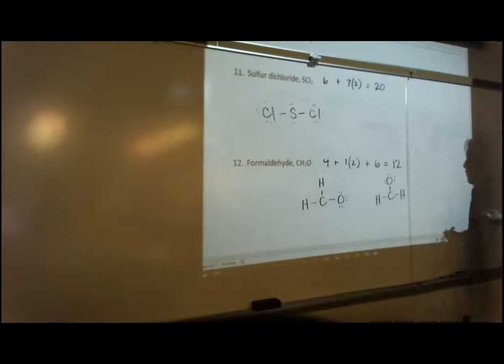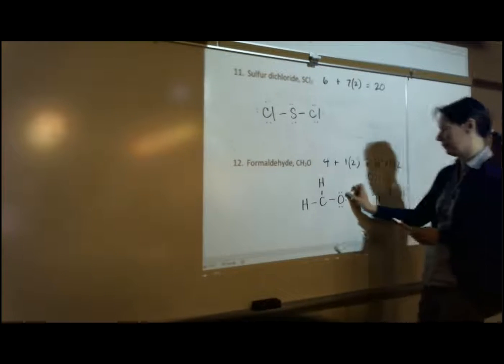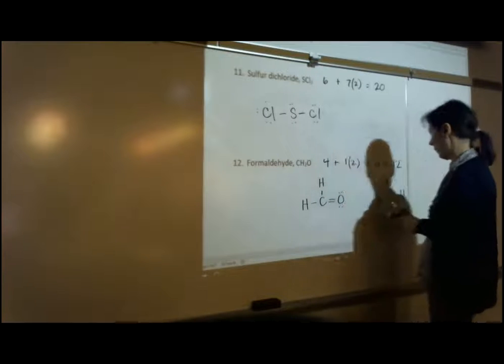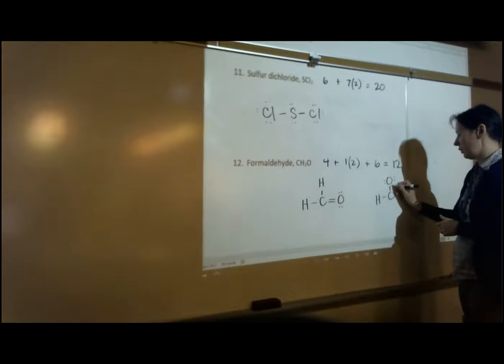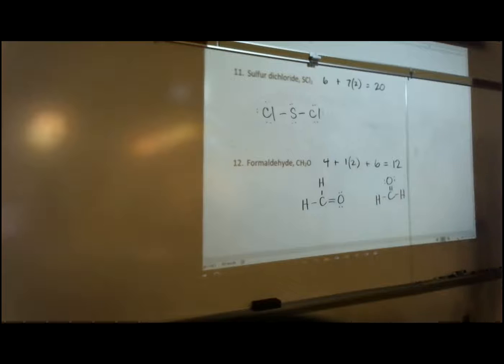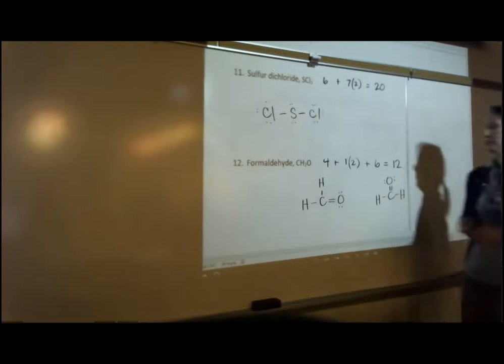And now you just look at your answer and say, okay, does everybody have an octet? No. What do I do to give octet? Form a double bond. So there's your answer if you drew it that way. There's your answer if you drew it that way. Questions on formaldehyde?